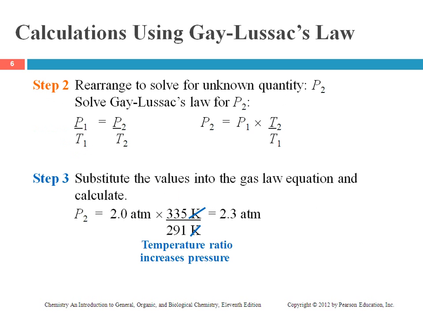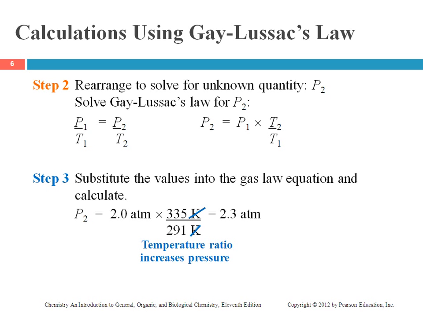If we rearrange to solve for P2, just as we've shown before, where we moved T2 to the other side to isolate P2 by itself, we have our equation, and then all we have to do now is plug in the values. We have 2 atm is what we started with, which is our P1, and we have 335 K for T2.